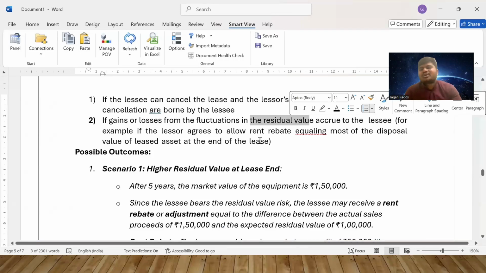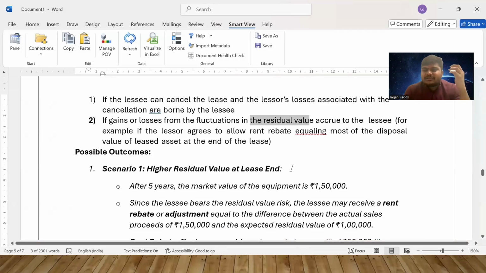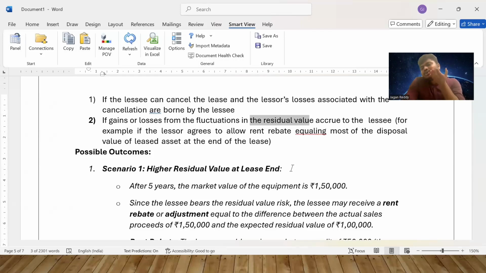For suppose it is estimated that 1,50,000 will be the residual value. Now, if at the end of the lease the residual value goes to 2 lakh rupees, the difference will be a gain that should be reduced from the lease rentals by the lessor.